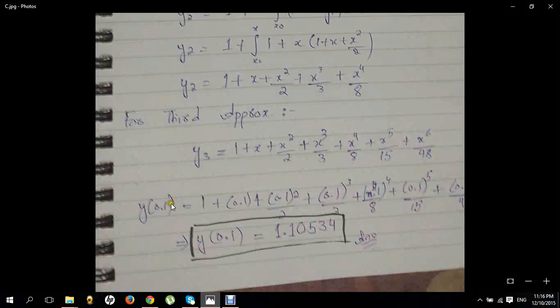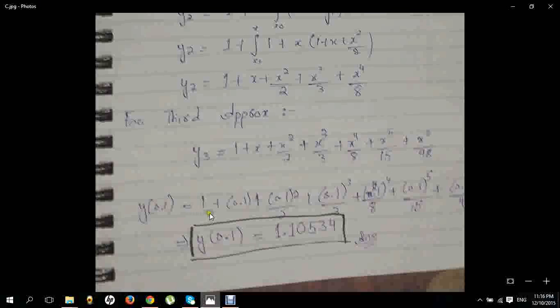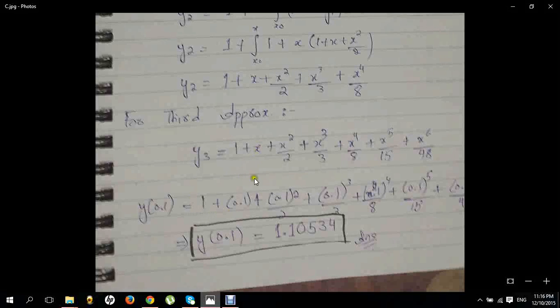So y of 0.1 equals 1, and as you can see, I have put 0.1 instead of x everywhere in the equation. Now we have no unknown here, so we're going to calculate the value of y of 0.1, which comes out to be 1.10534.